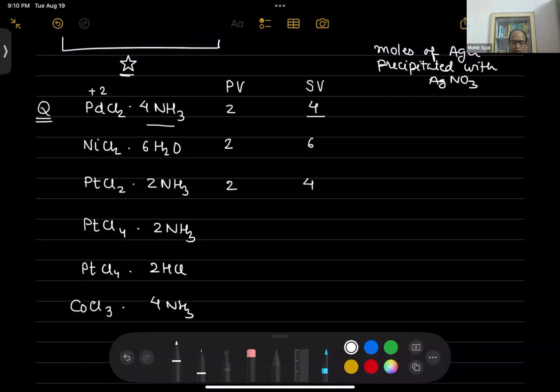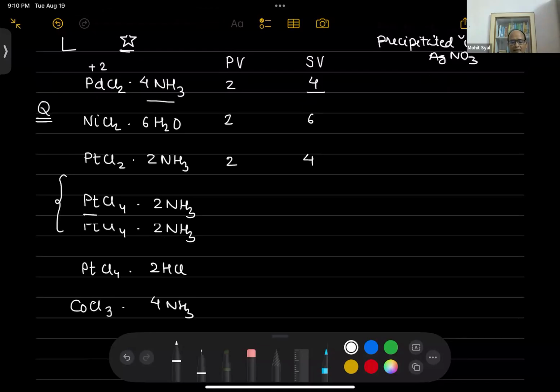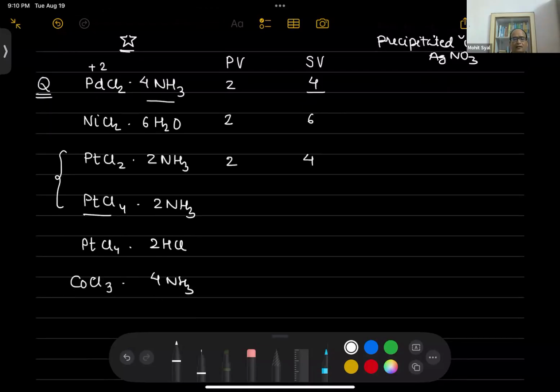Look at these two examples. What is the primary valency? Jasleen, what is the primary valency? In this case, it is 4. So this is 6. Got it? This you have to remember for Pt and Pd. What is the primary valency?